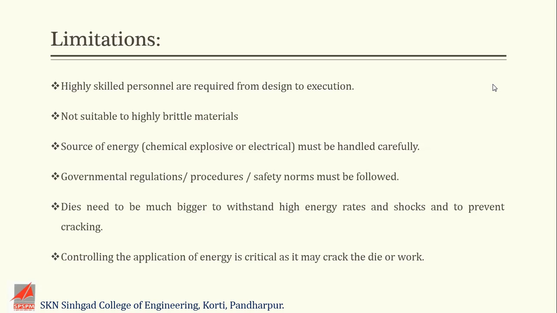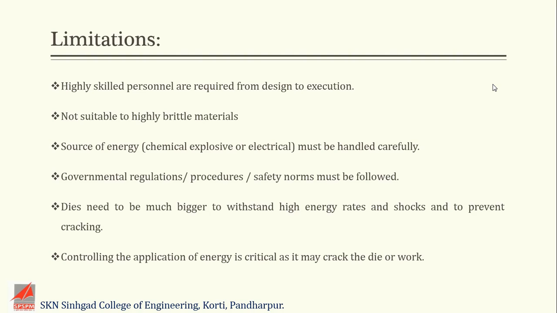The source of energy may be chemical explosive or electrical, and it must be handled carefully, because as explosive we have to use TNT or RDX, or as electric energy we have to use three phase supply. That's why handling of that source of energy is a difficult or cumbersome task in this process.